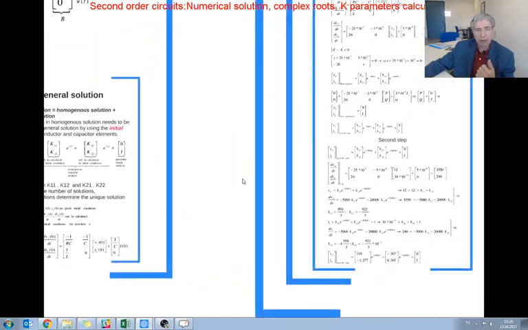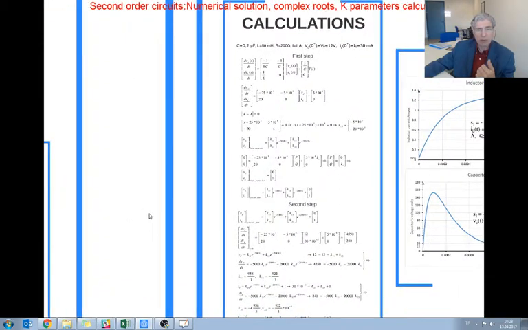And then in the homogeneous solution we are calculating the characteristic root. Depending on the characteristic root type, either real or complex or multiple roots, the format or the drawing of these functions changes.